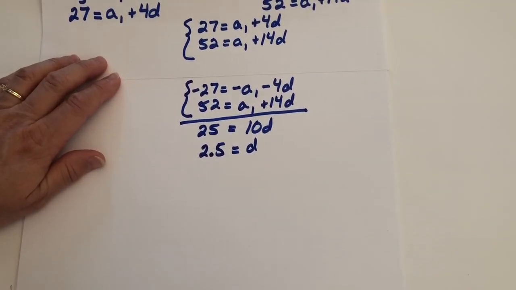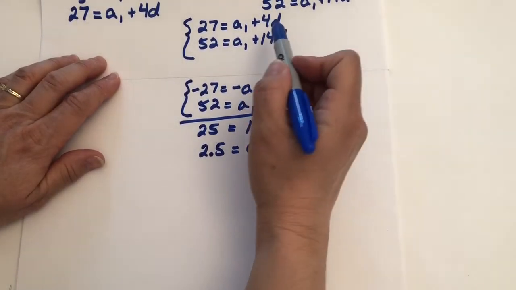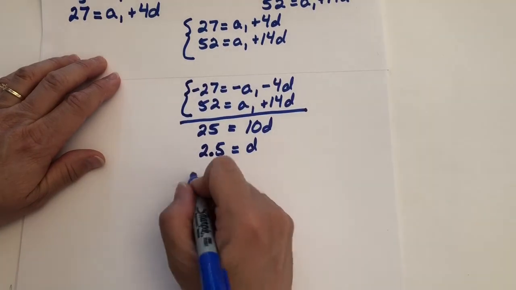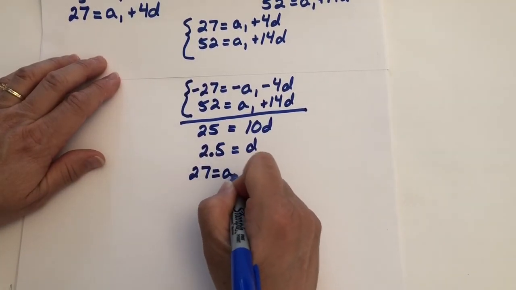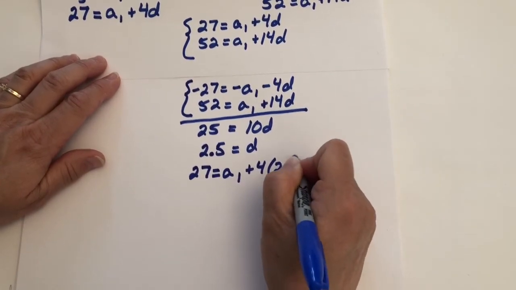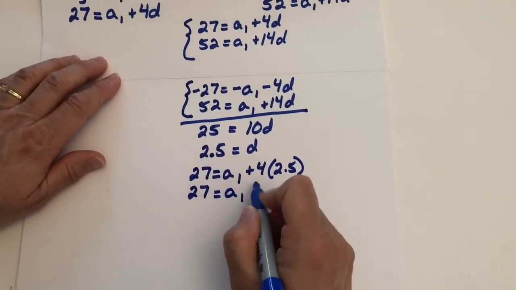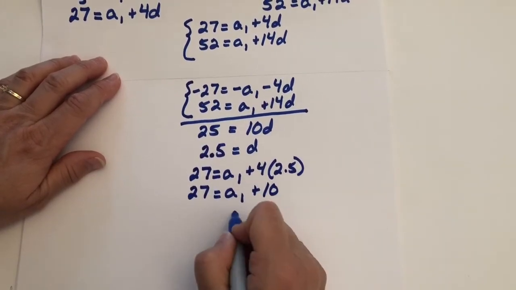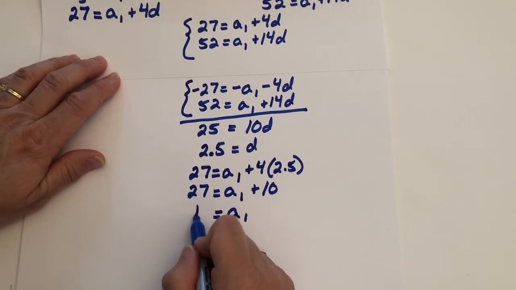To finish solving the system, now I have d. I can substitute that back into one of the original equations. So 27 equals a sub 1 plus 4 times 2.5. That's 27 equals a sub 1 plus 10, or a sub 1 equals 17.